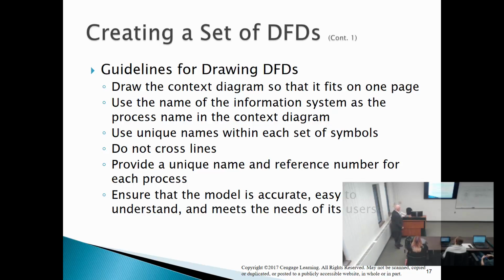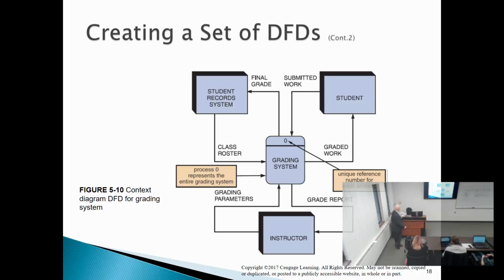We'll review this in a minute. So we don't want to have our lines cross if we can at all avoid it. We want to rearrange our symbols so that data flow lines don't have to cross. We want to give everything a unique name, and then the referencing number system I talked about, and make sure that the model is accurate, easy to understand, and users can understand it.